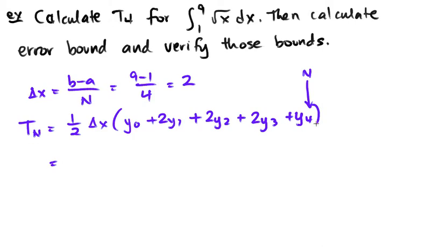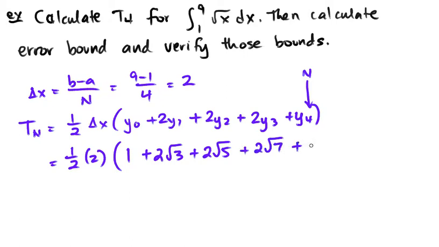And to calculate those y sub zeros, we're finding the endpoints. So we know our delta x. The first endpoint is the function evaluated at 1, so that's 1, and then the function evaluated at 3, which is 2 times root 3, and then the function evaluated at 5, and at 7, and the function evaluated at 9, but don't double that one.